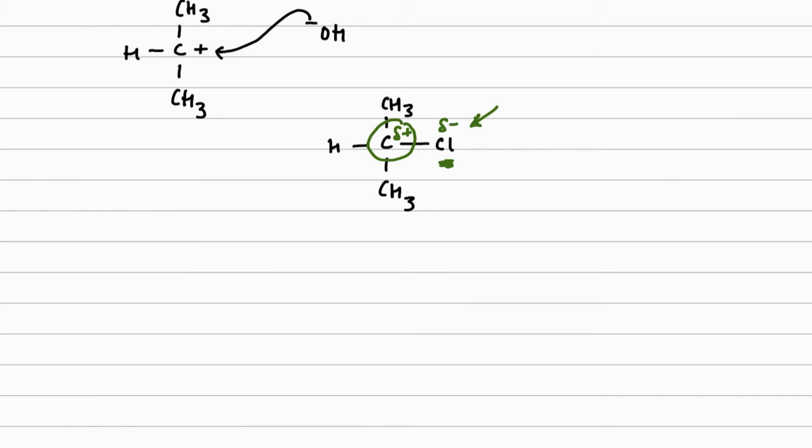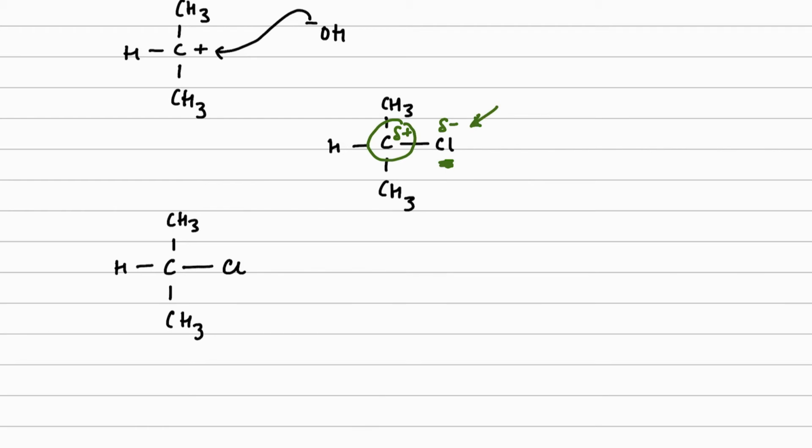So in this particular mechanism, let's just start with a fresh molecule. What we find is that the delta positive carbon is attacked, and that attack precipitates the leaving of the chlorine. The carbocation is so short-lived, it's almost one swift homogeneous step.